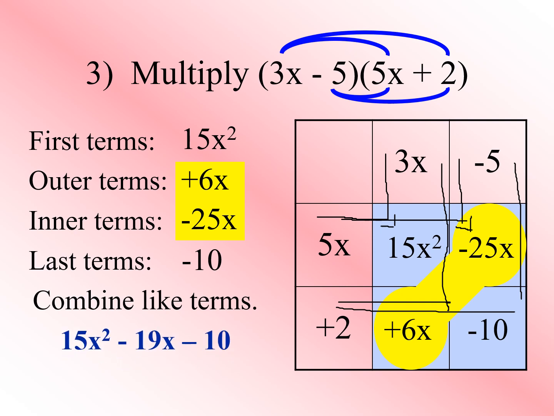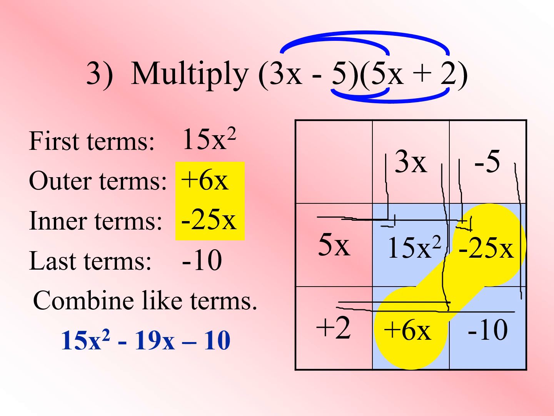Okay, so in that case, we're going to combine negative 25x and 6x. But take note, the other one is negative and the other one is positive. So what do we do? We subtract 25 with 6. And what is 25 minus 6? That is 19. And since they don't have the same sign, we have to copy the sign of the greater value.